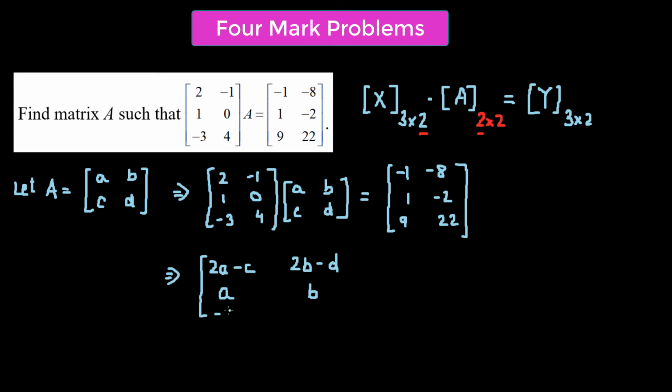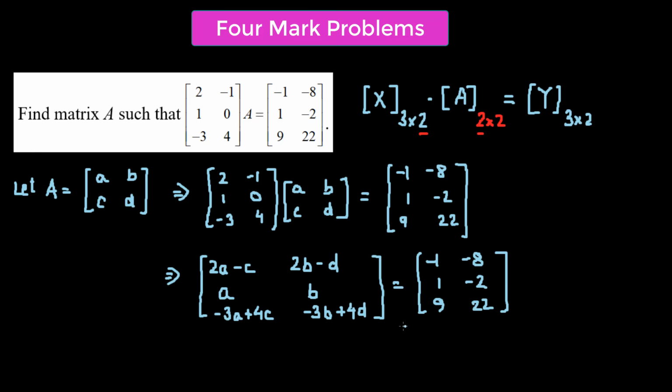Then for the fifth element, we get negative 3A plus 4C. And for the final element, we'll have negative 3B plus 4D. And this is equal to our matrix Y, which is negative 1, negative 8, 1, negative 2, 9, and 22.